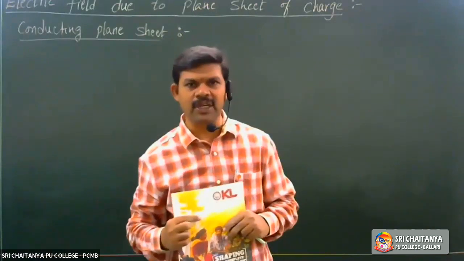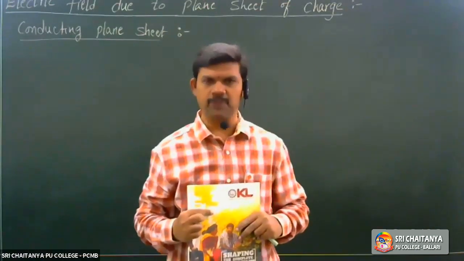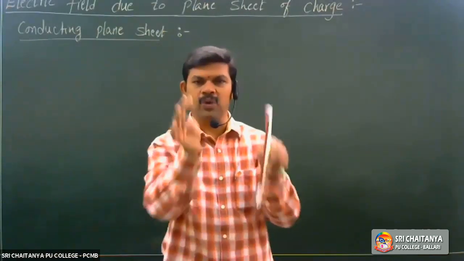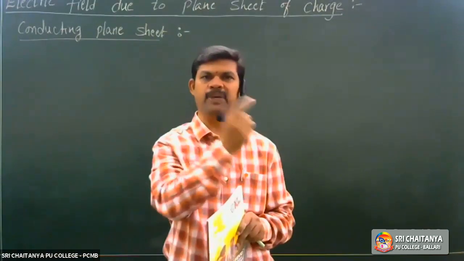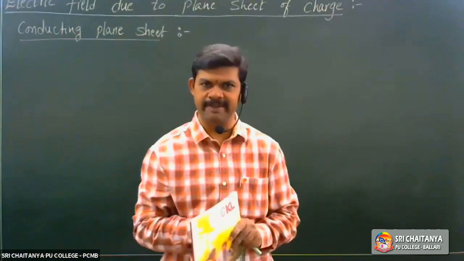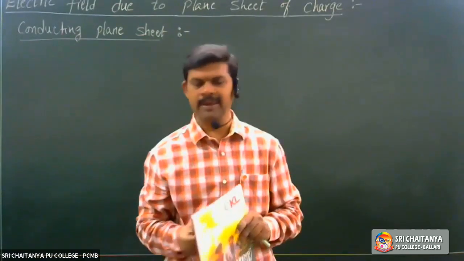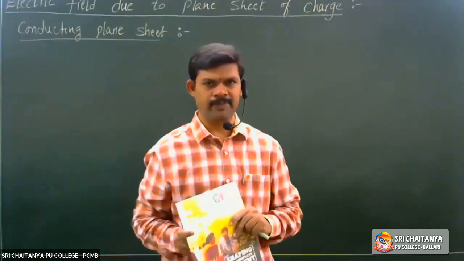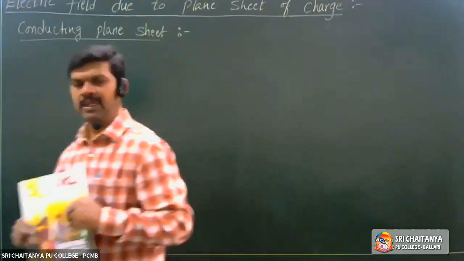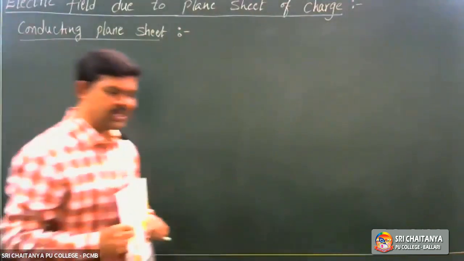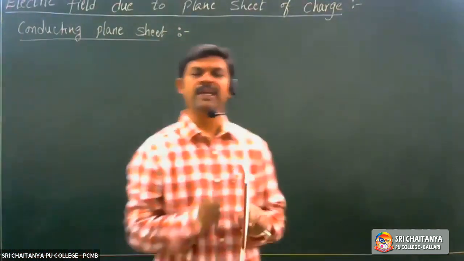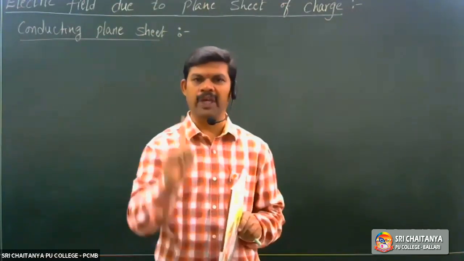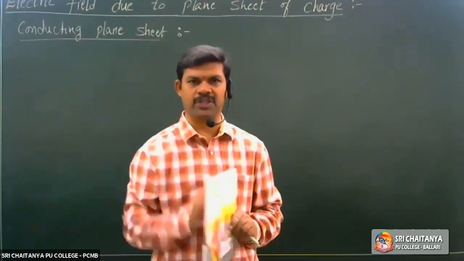But in the case of non-conducting, it is not so. Whenever charge is given, that charge spreads throughout the body. Already in the case of spheres and cylinders, we studied this. So that is the basic point we have to remember: to any conducting body, if charge is given, that charge completely distributes on the surface. Inside the body, there is no charge.